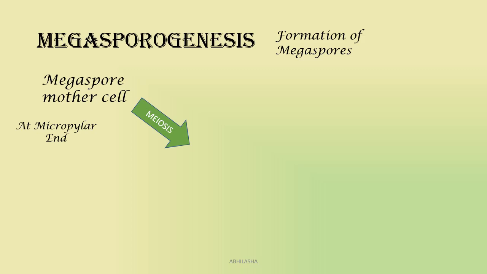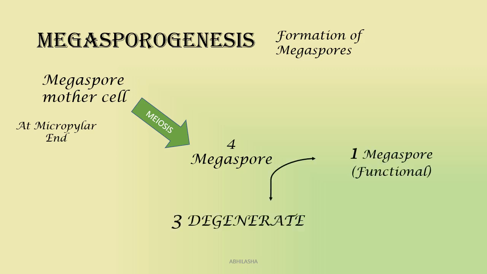Now you know why meiosis. So as a result of meiosis, it will form 4 megaspores. But 3 of these will degenerate and only one remains functional. This functional one will develop into the female gametophyte.